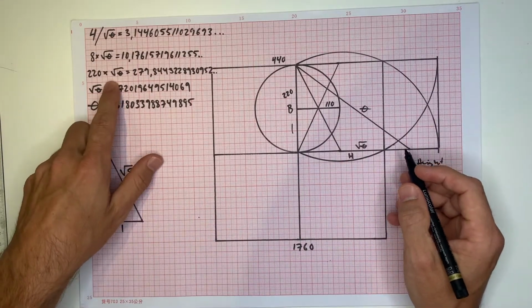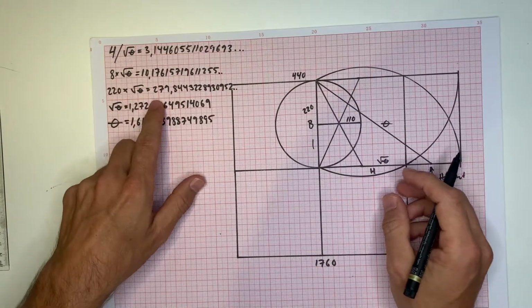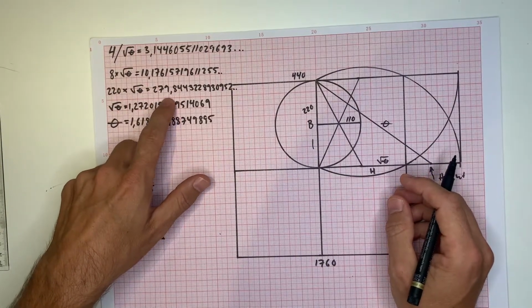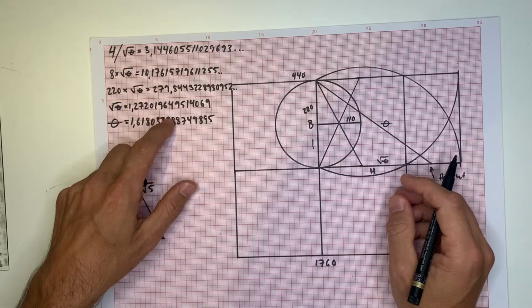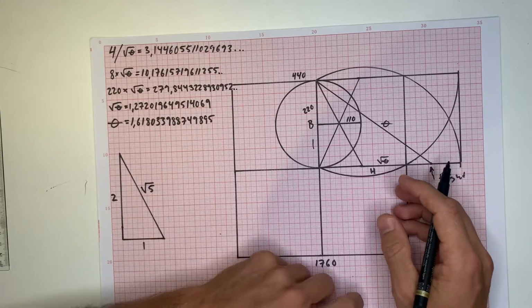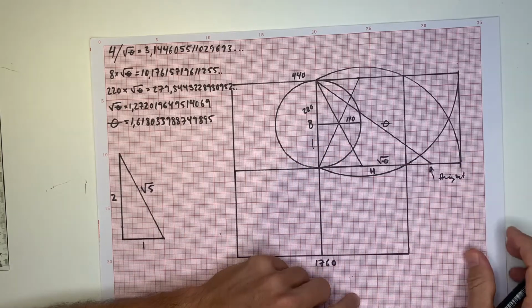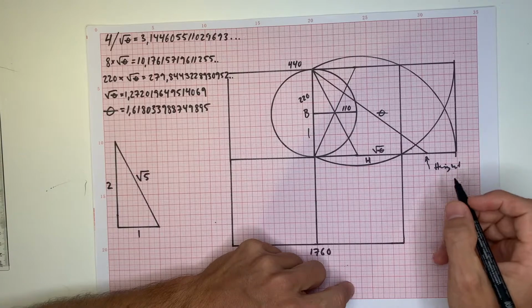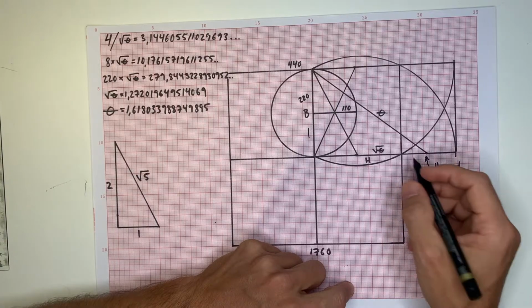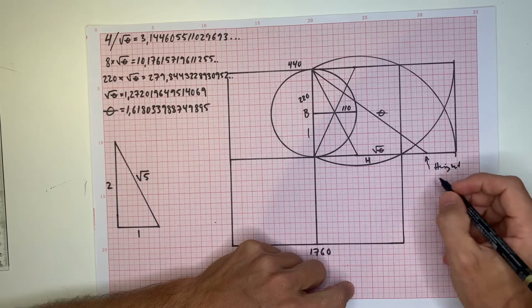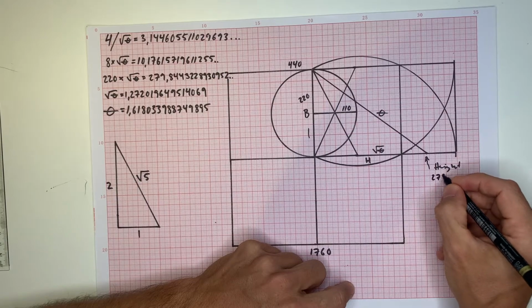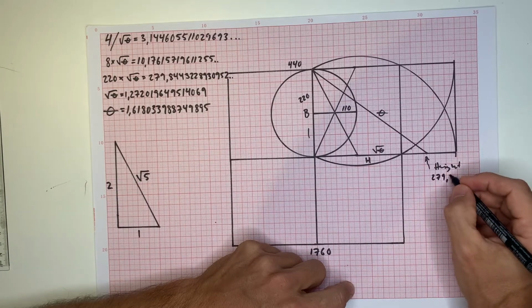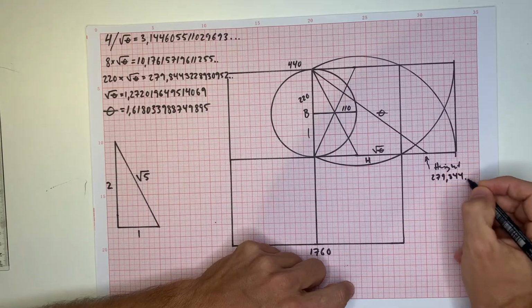That I have done here, and that is shown to be 279.844322893, and so on. So this means that the height of this pyramid is 279.844 and so on.